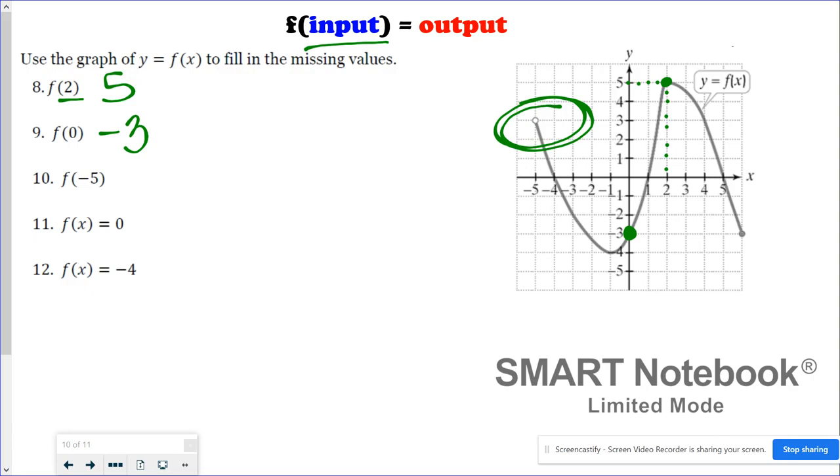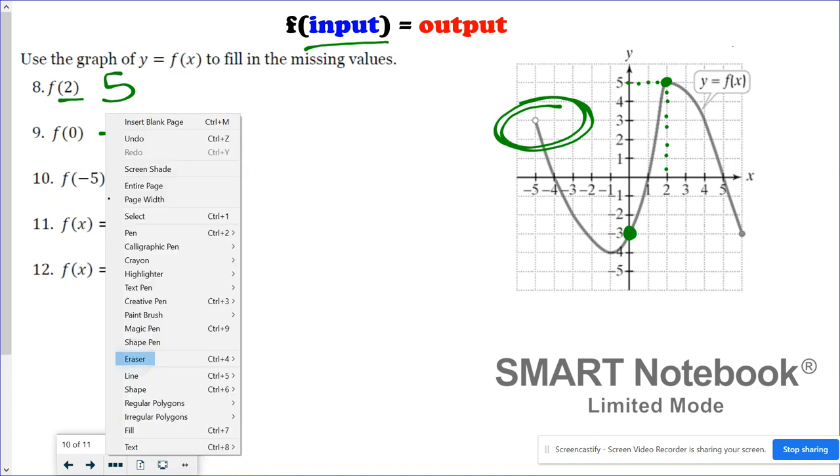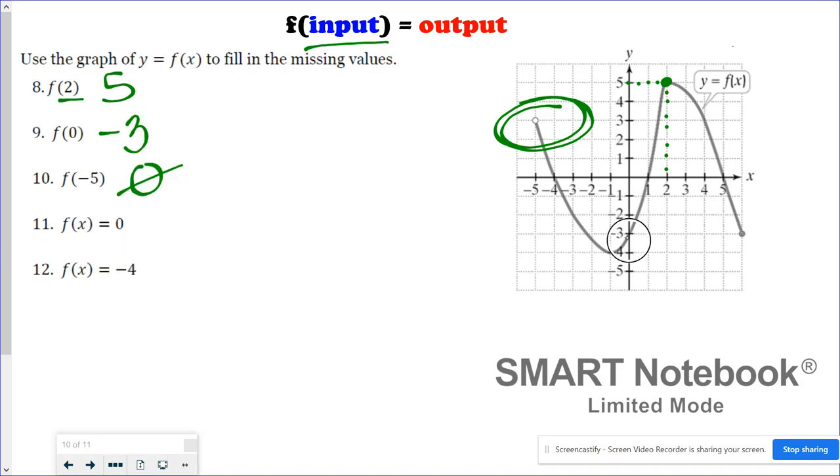Well, because it's an open circle, that means there isn't a solution there, okay? So I'm going to write empty set like this. It also means that there's no solution because the function has no value when x is -5. That's what that open circle is saying. It's undefined, okay?